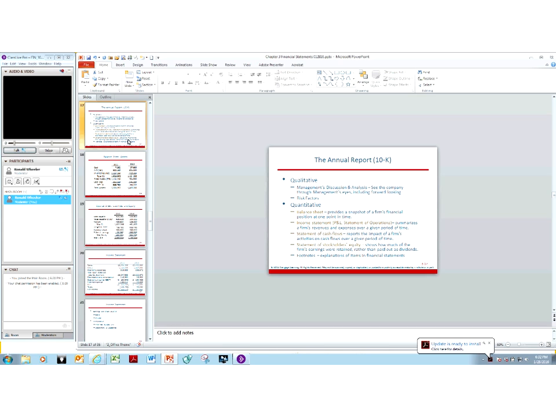You also have an income statement, also called a profit and loss, P&L, or a statement of operations, that summarizes a firm's revenue and expenses over whatever period of time is covered. In a 10K, it's the annual period, the 12 months ended. Most companies have a December 31st year end, so usually a January through December time frame.